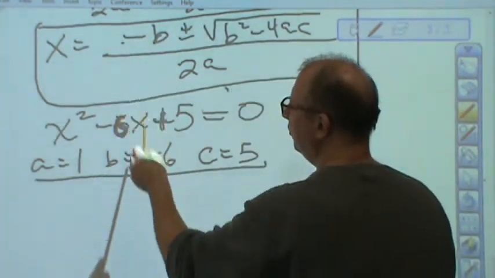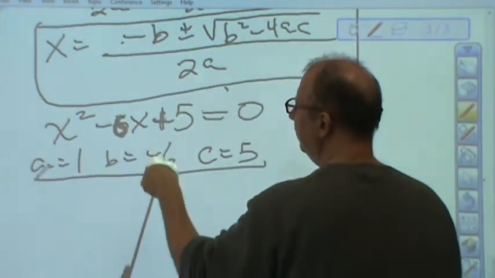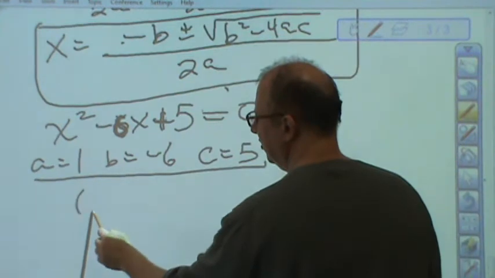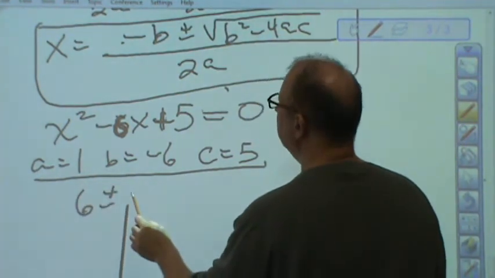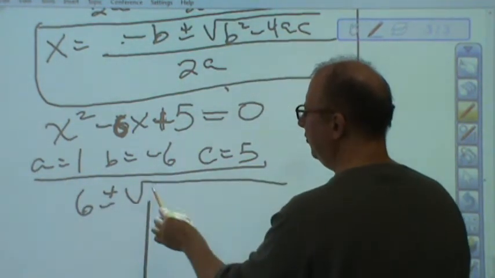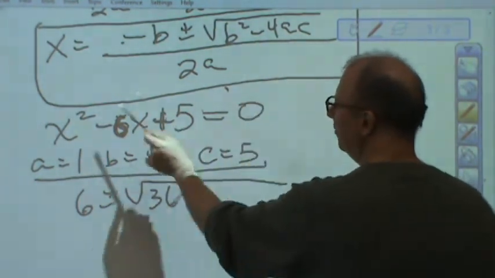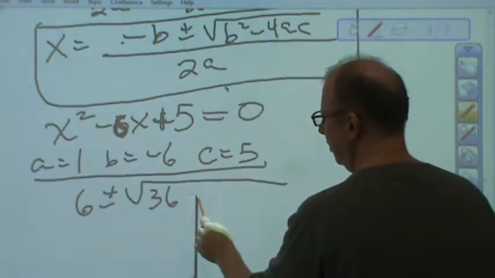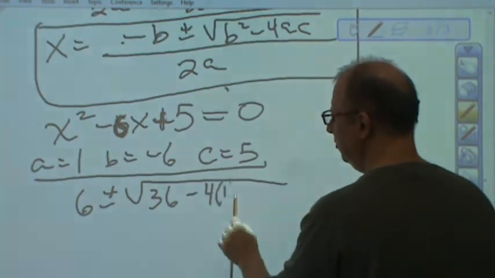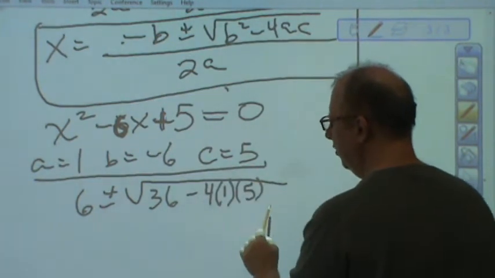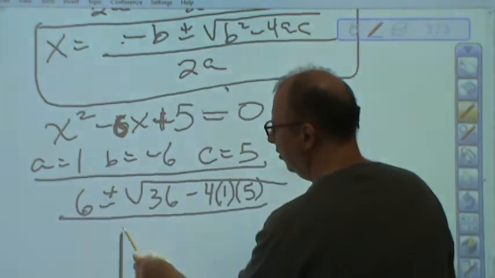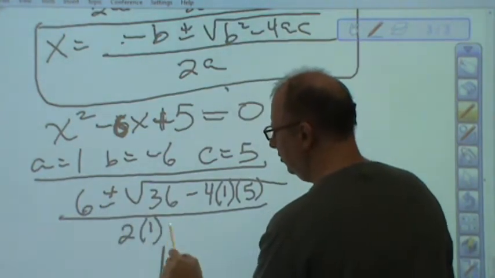And you plug in all the numbers: negative 6, which is 6, plus or minus square root of b squared, 36, minus 4 times 1 times 5, over 2 times 1.